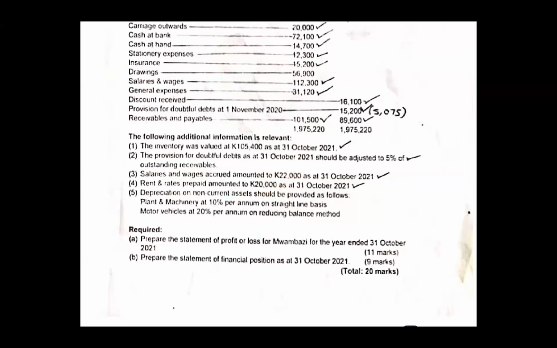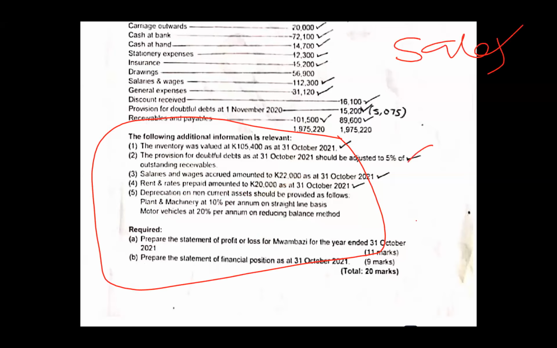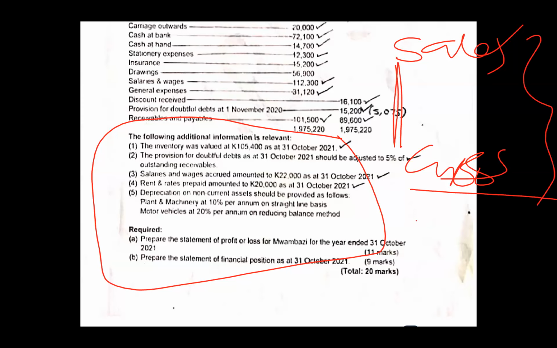Now, whenever you're given such questions, the first thing you do after analyzing the data is look at the additional information, because some of it affects the trading account. The trading account is the part that starts from the sales up to gross profit. Some adjustments affect that part, so we have to start with these, identify those adjustments and make them in advance.